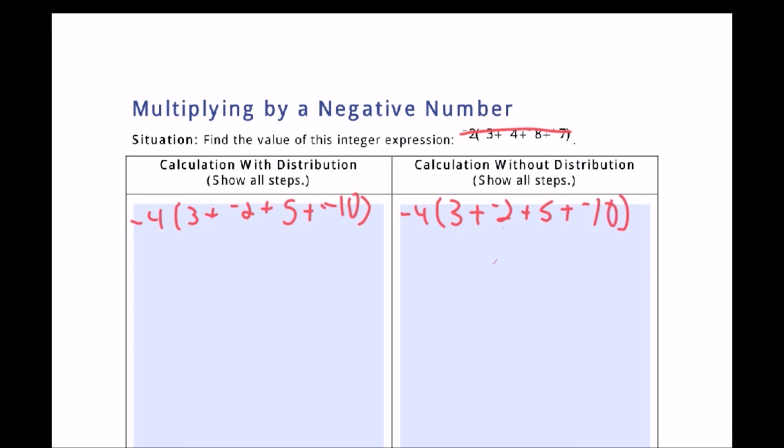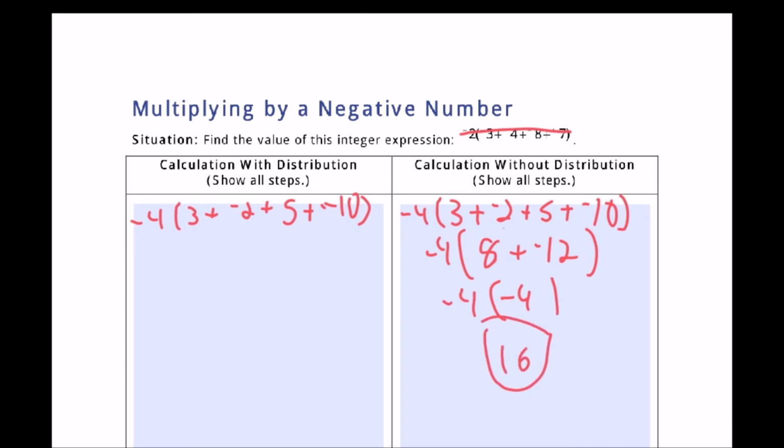I just realized that wasn't going to work out. So 5 plus 3 is 8. Plus negative 2 plus negative 10 would be negative 12. So 8 plus negative 12 would be negative 4. And negative 4 times negative 4 would be 16. The way I had it, I would end up with 0, so it just wasn't a good problem.